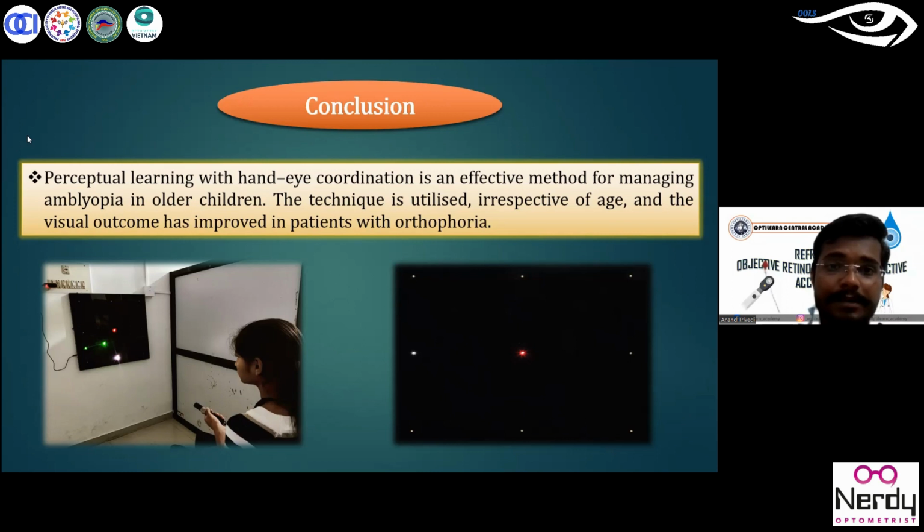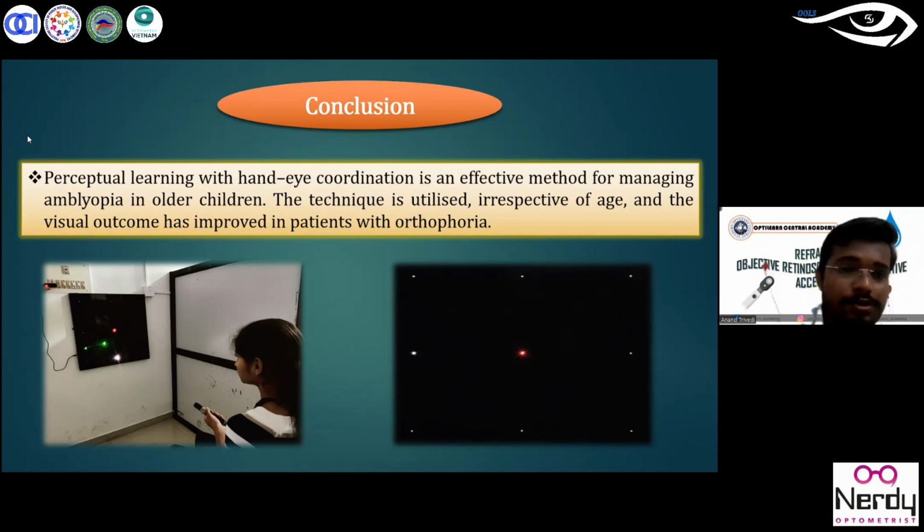Therefore the top-down impulses improve the vision a lot more rapidly also in amblyopia. In our clinic, nearly 90% of the patients recovered from amblyopia, the vision improves, diplopia improves, there is an improvement in hand-eye coordination, improved self-confidence, and reduced nystagmus.